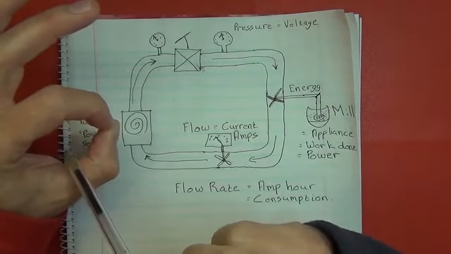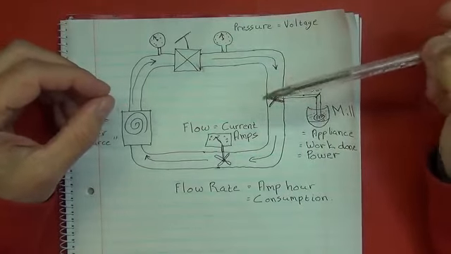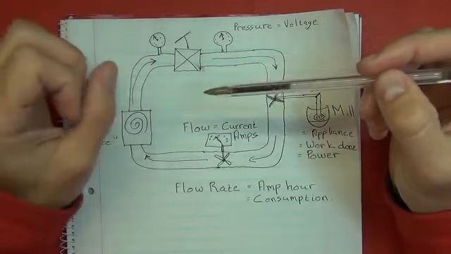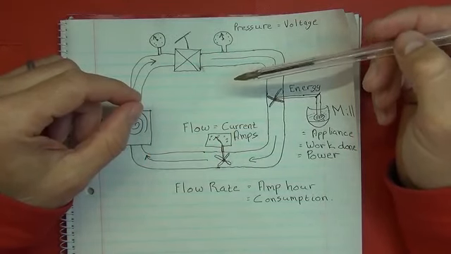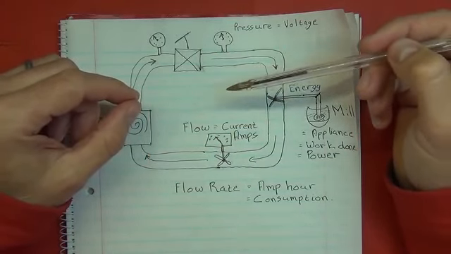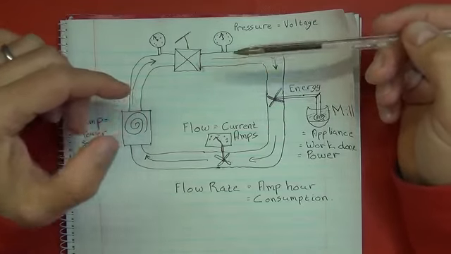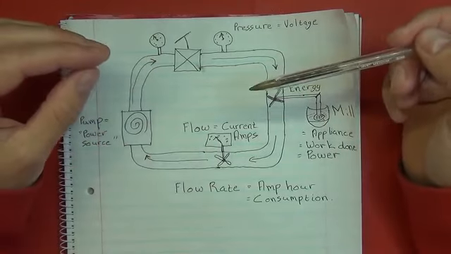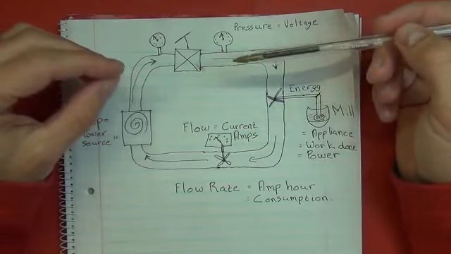The other reason AC is used is that you can generate far higher voltages with alternating current, and it's far easier to transmit higher voltage over long distances and then transform that down to a lower voltage and get the current back once you get to a neighborhood or your house.